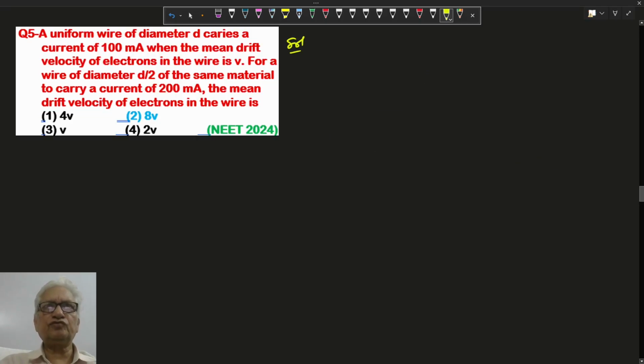A uniform wire of diameter D, radius R, carries a current I1 of 100 milliampere, and the drift velocity here is V in wire number 1.